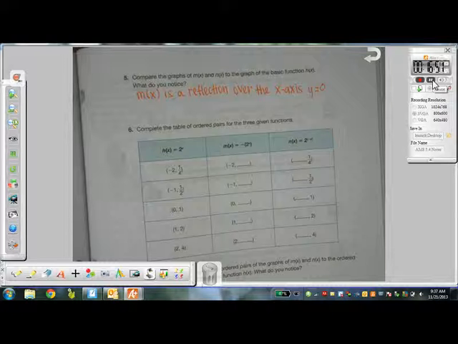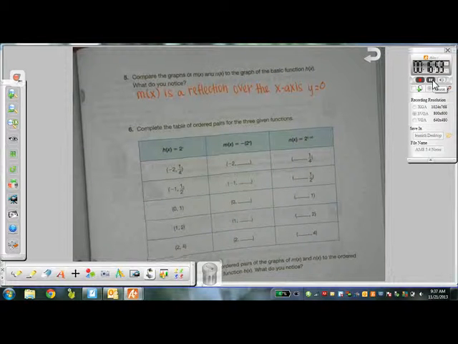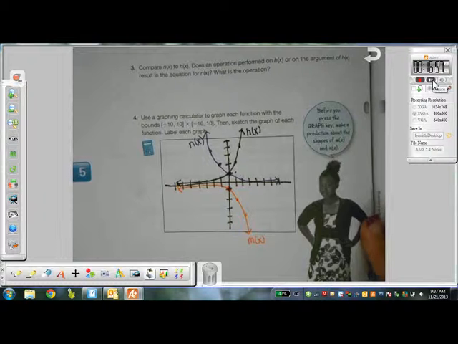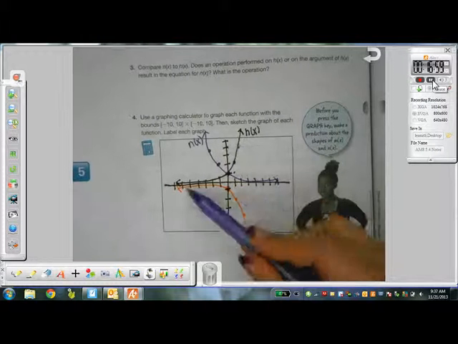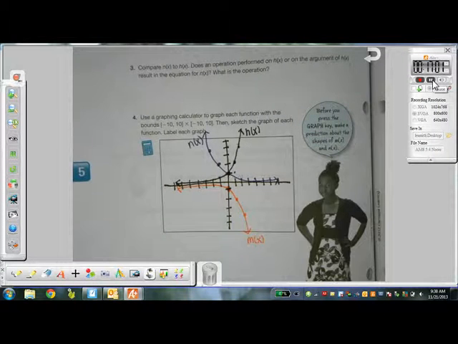So then look at n of x. So going back to my graph, now we're looking at the black and the purple. Which axis would I have folded in order to get the purple one? The y-axis. So we would say that n of x is a reflection over the what? The y-axis. Okay.